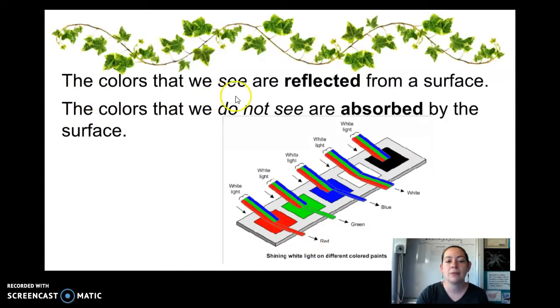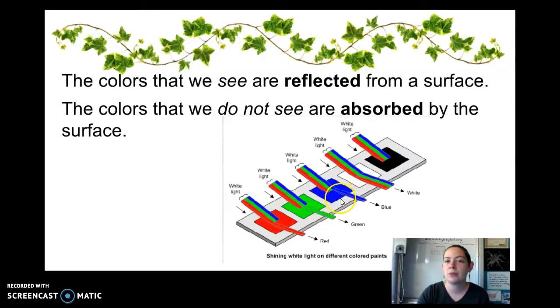So the colors that we see are the ones that are reflected from a surface. They're not absorbed. The colors that we don't see get absorbed by the surface. So if you had a green shirt on, which colors would be absorbed by that pigment? It'd be blue and red. Green is not absorbed. Green's reflected, so we can see it. Same with blue.